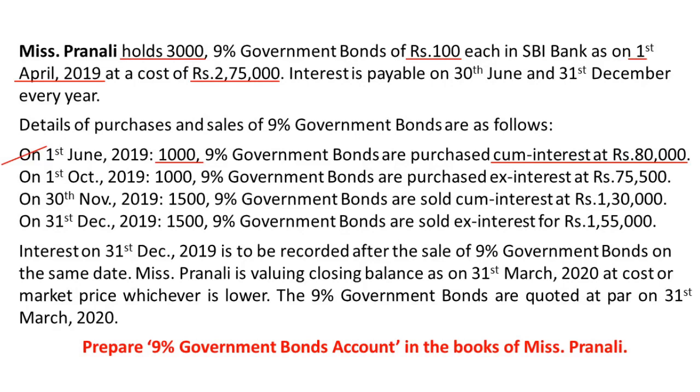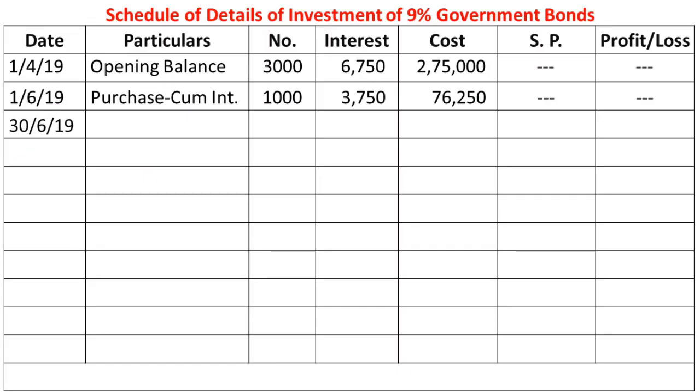Now the next date is 30th June, which is the date for interest receivable. Interest is payable on 30th June and 31st December. So we will record the interest receipt on 30th June first. So in the date column we'll put up the date 30th June 2019. It is interest received.